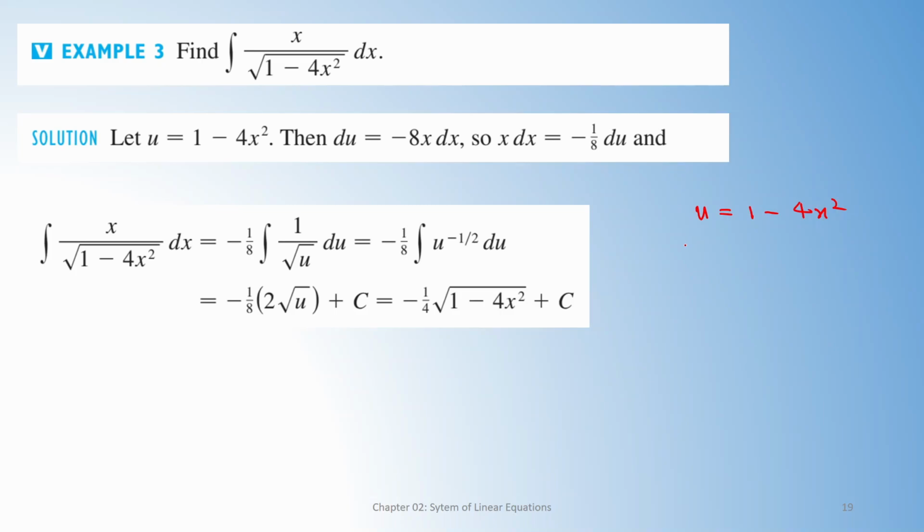So in this case du is equal to minus 4 times differentiation of x squared, which is 2x, times dx. Then you get dx is equal to minus du over 8x.